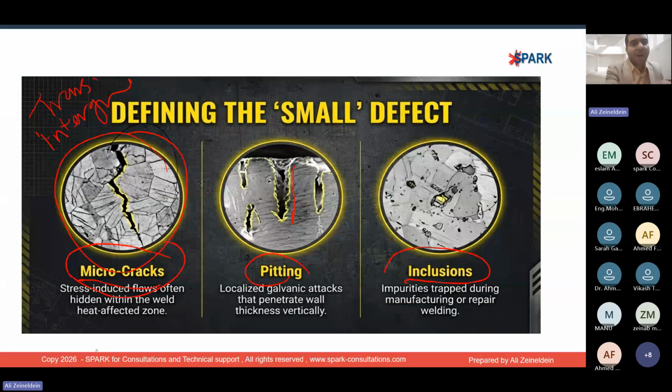So what does it mean by transgranular and intergranular? Intergranular means that the crack direction follows the boundary of the grains, but transgranular means the crack is directly perpendicular and deep, it doesn't match the grain boundary, but passes perpendicularly through the boundary.